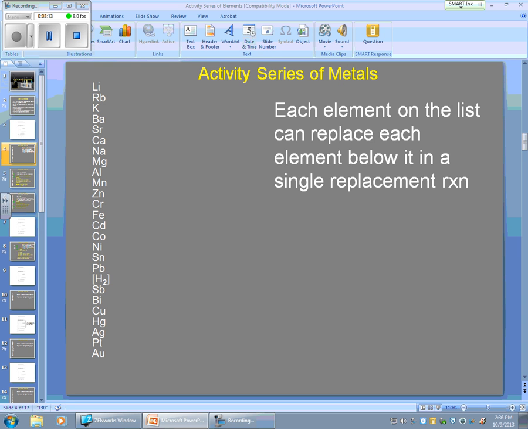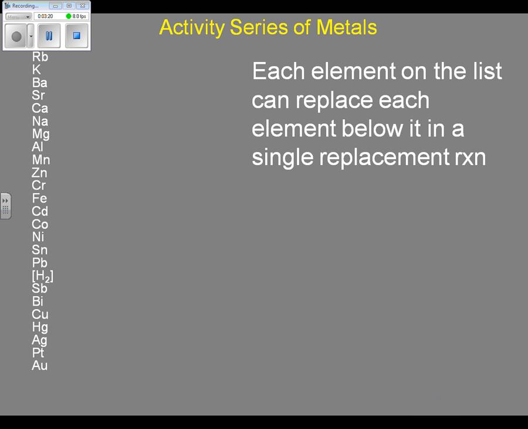So let's see how this thing works. I'm going to go ahead and skip to the slideshow here. Okay, so let's look at a particular problem. I have sodium, and then I have zinc chloride. First, we need to determine whether a reaction is going to happen or not. The first thing you do is find that single element.